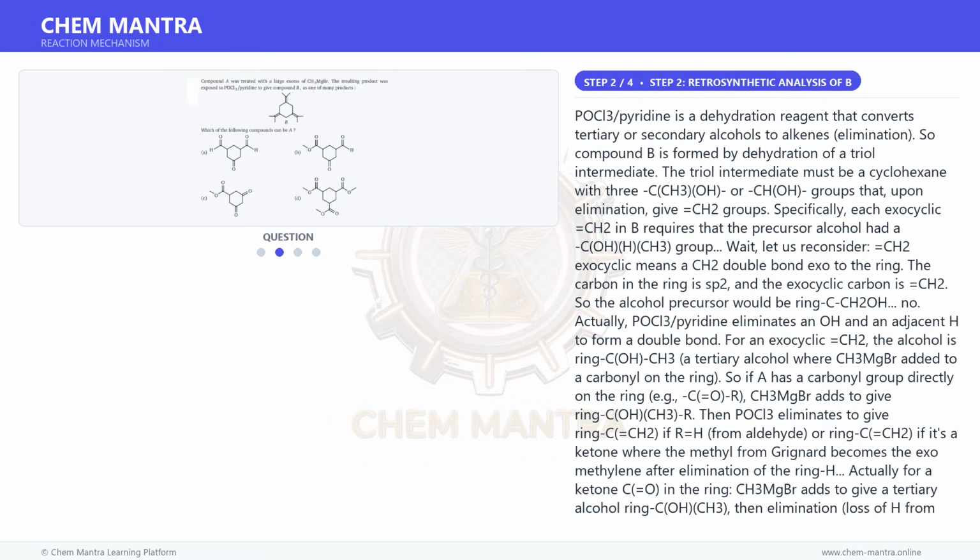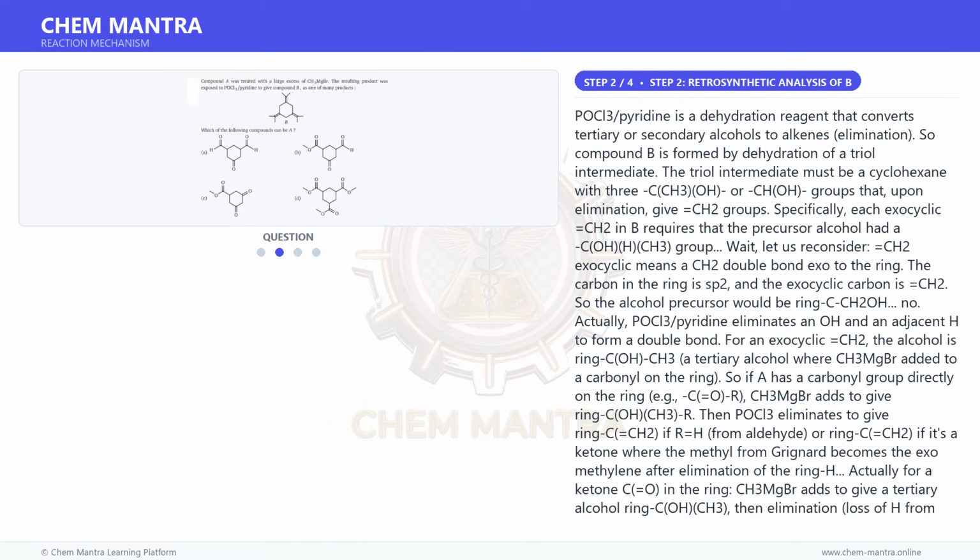Then POCl3 eliminates to give ring C=CH2 if R is H, from an aldehyde, or ring C=CH2 if it's a ketone where the methyl from the Grignard becomes the exo methylene after elimination of the ring H.